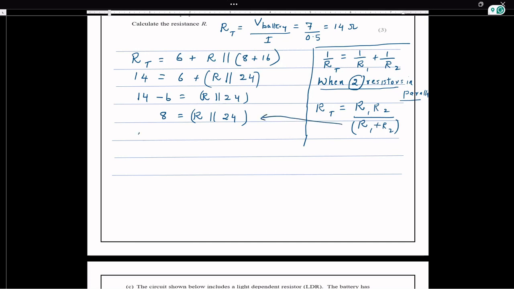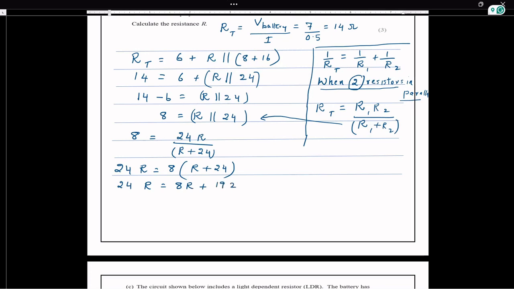So here I can write 8 equals, the resistors are R and 24. So the numerator is the product, 24R, over the sum, R plus 24. Now, just by algebraic calculation, let us take R plus 24: 24R equals 8 times R plus 24. 24R is 8R plus 192.